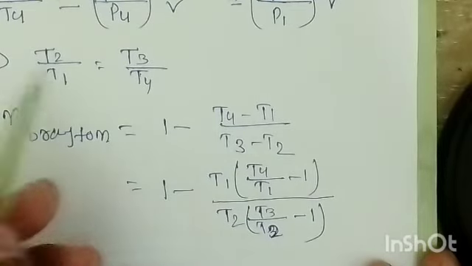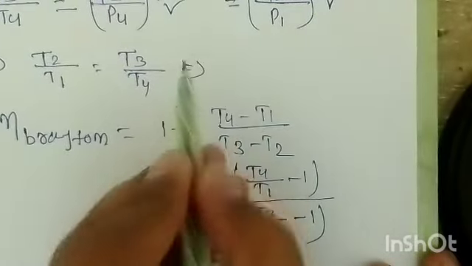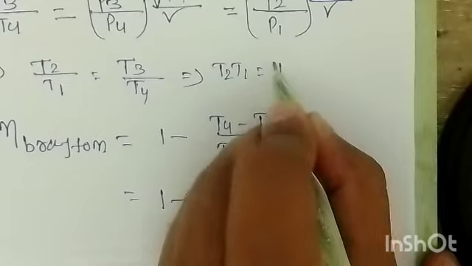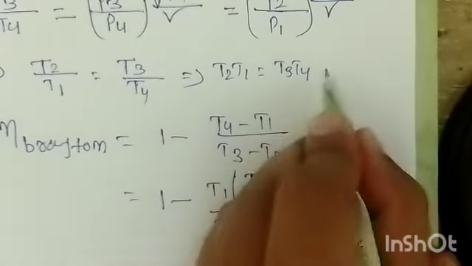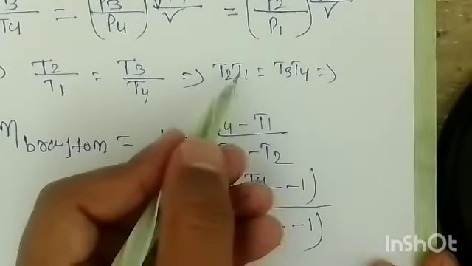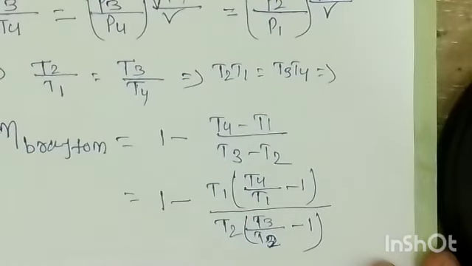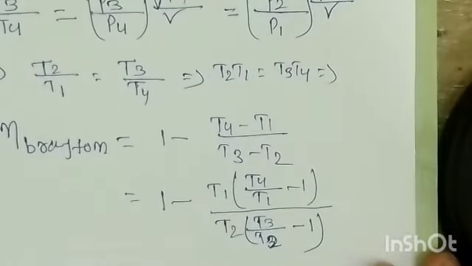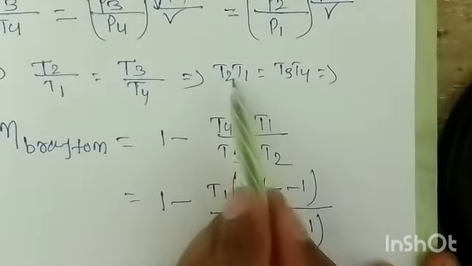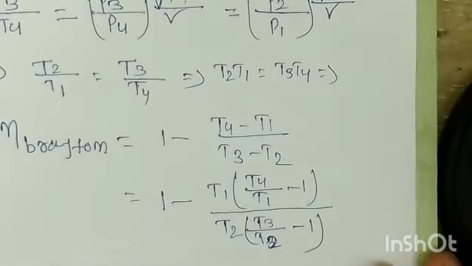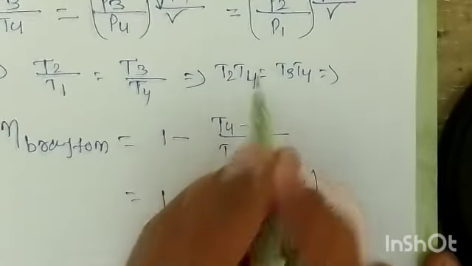Further, if you observe very carefully, once you cross multiply, T2 T4 is equal to T3 T1.